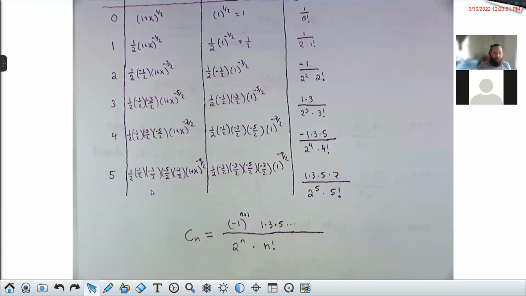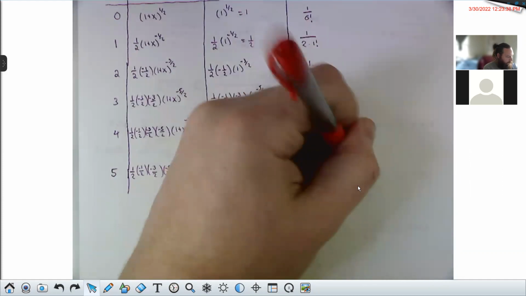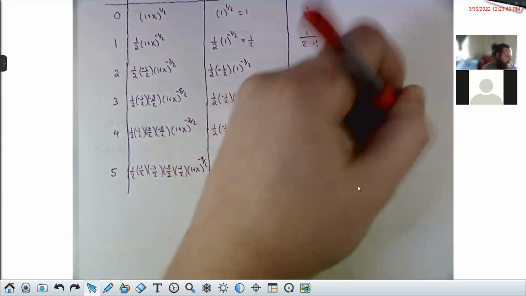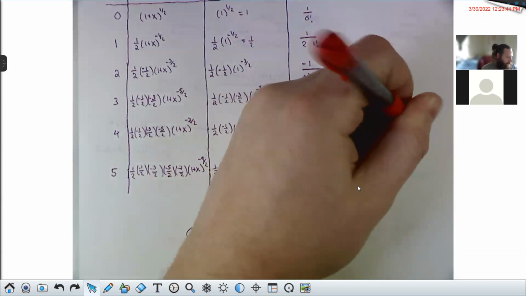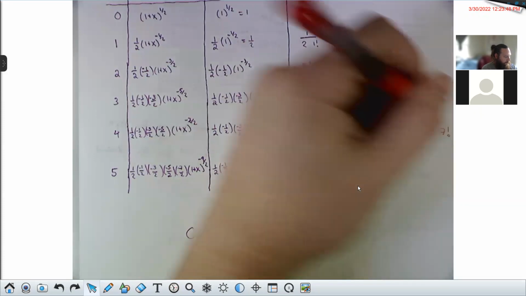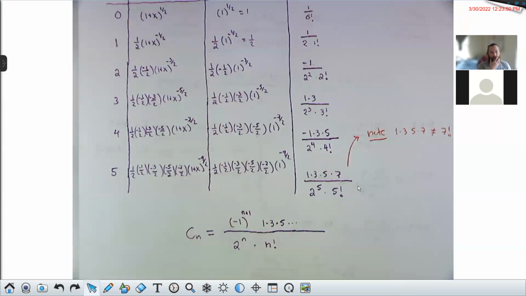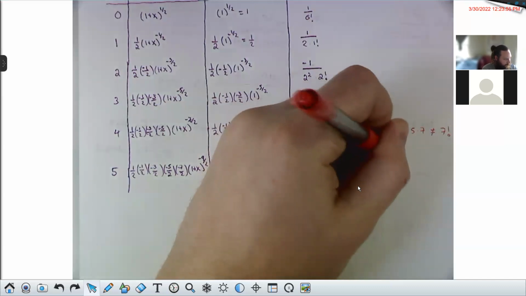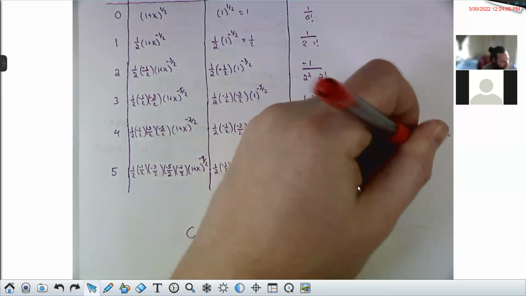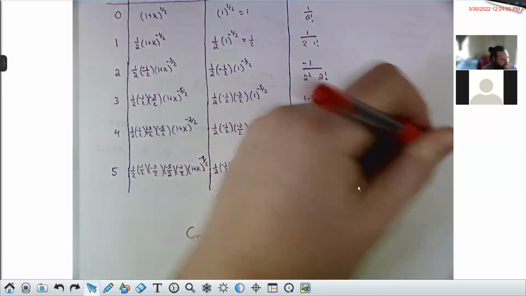So yeah, the catch here is that it's not a factorial, right? This is not 7 factorial. It's a reasonable thought, and I think this is what makes this hard. Because 7 factorial, that would be 1 times 2 times 3 times 4 times 5 times 6 times 7.